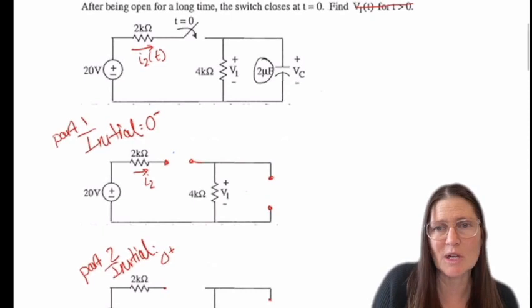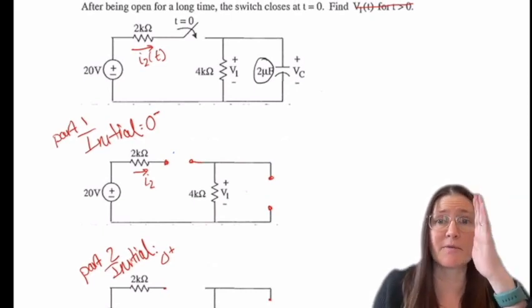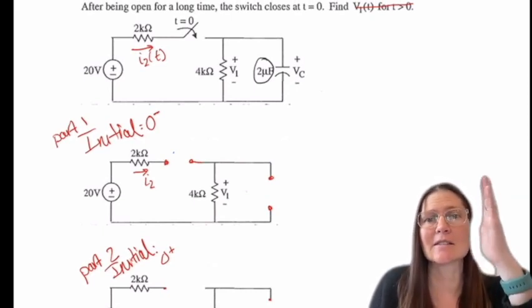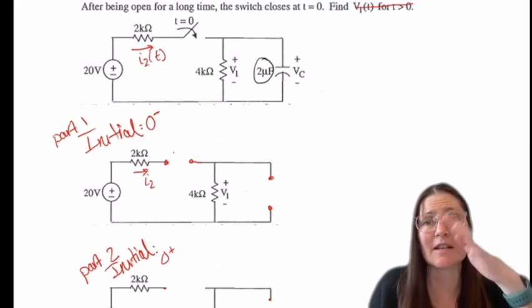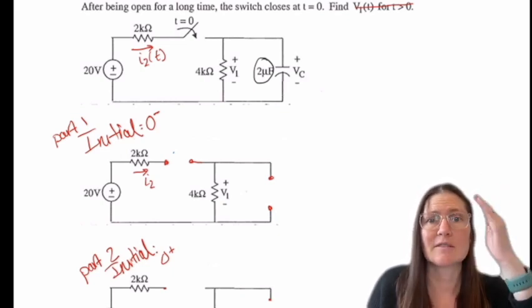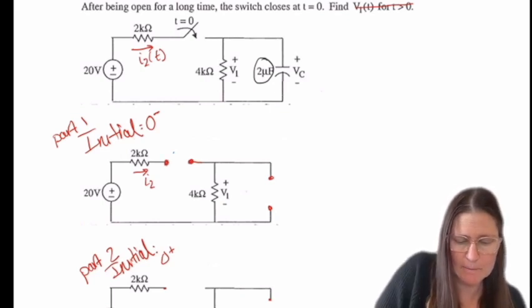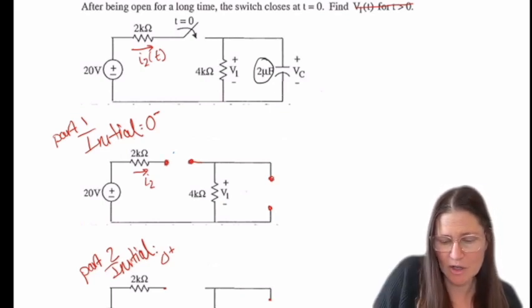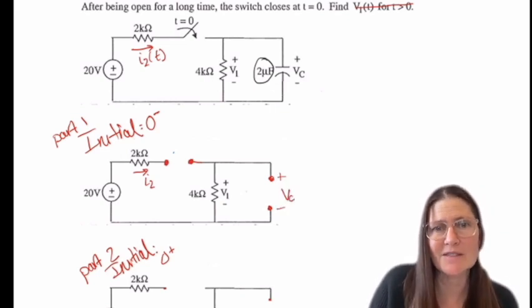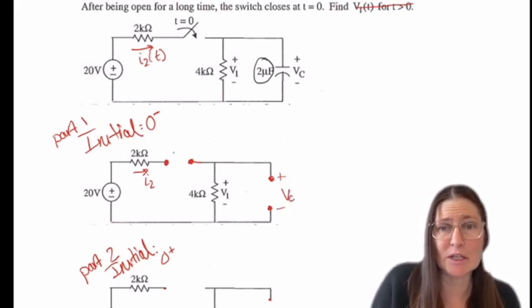When we look at the switch, it is open at first, and then at 0 it closes. So right before that event happening, the 0 minus will be when it's open. So we're going to leave this just open here. The capacitor sitting for a long time is also open. And so we're going to find this VC. As we can see, all of those are floating nodes, so all the currents are going to be 0.